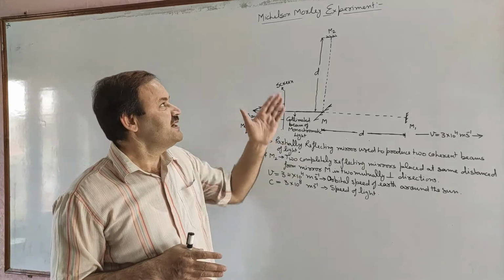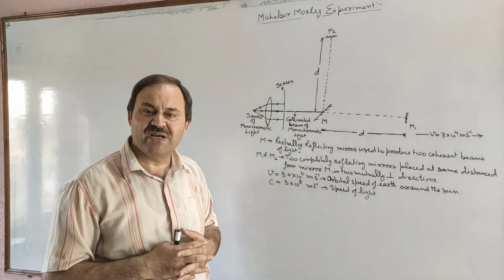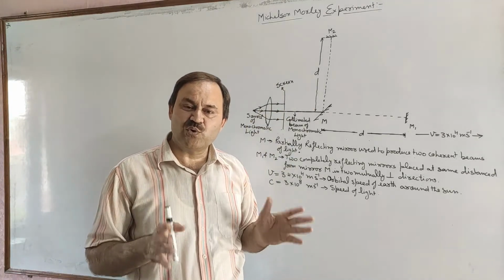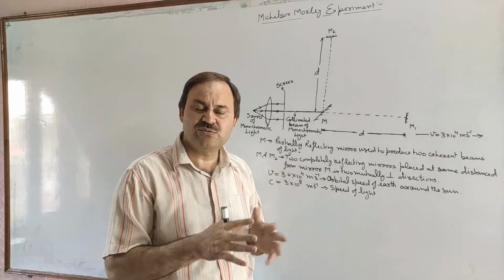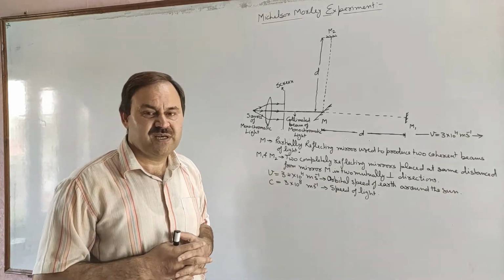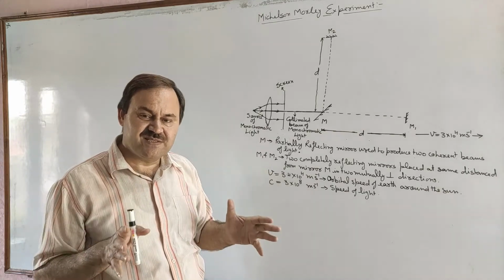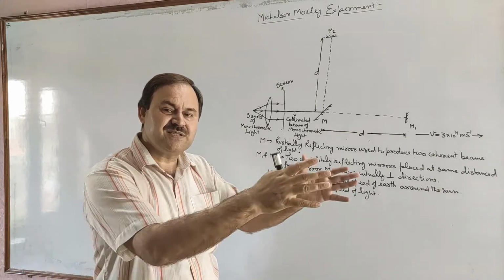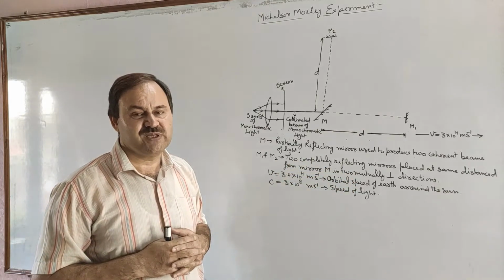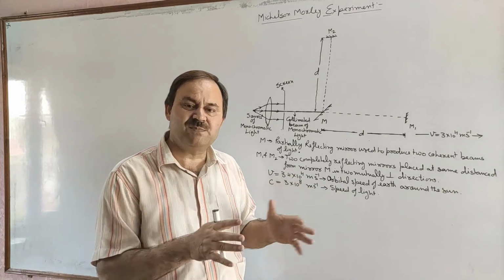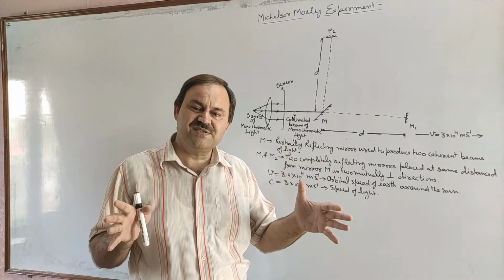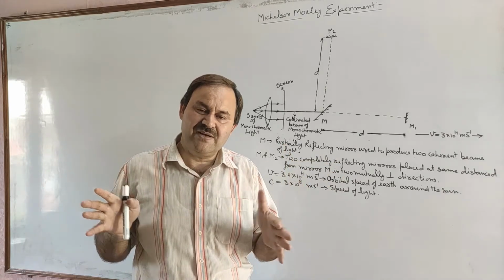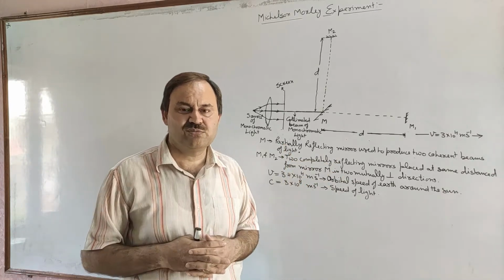In this experiment, Michelson and Morley tried to prove the motion of Earth through ether. It means the ether is stationary and Earth is moving through it, because in the ether hypothesis, it was assumed that ether is stationary and all heavenly bodies are moving through it.